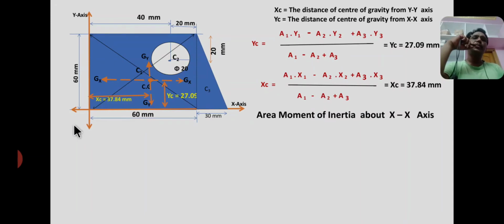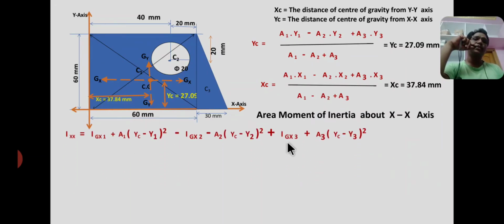Therefore the area moment of inertia about base, that is Ixx, equal to IGX1 plus area 1 into yc minus y1 whole square, minus IGX2 minus area 2 into yc minus y2 whole square, plus IGX3 plus area 3 into yc minus y3 whole square.